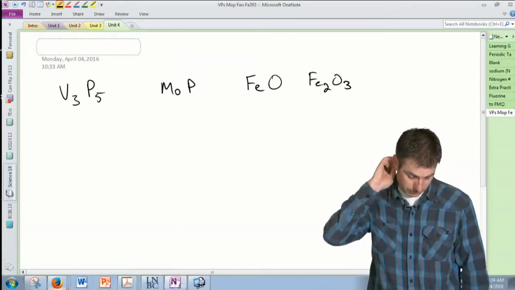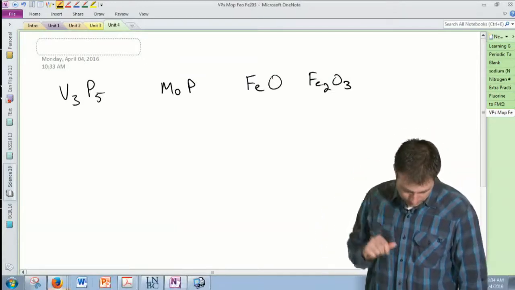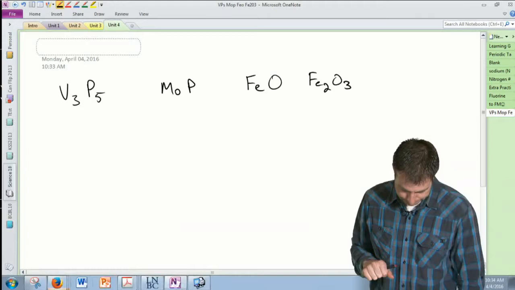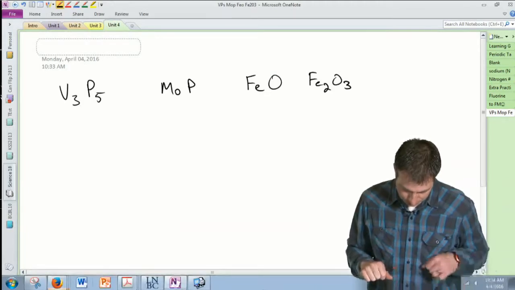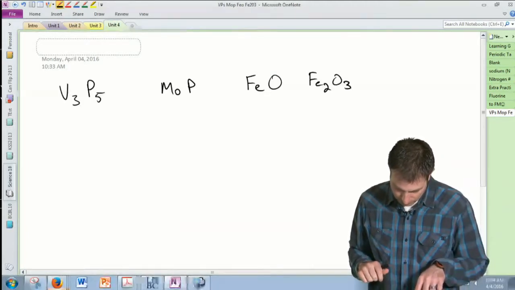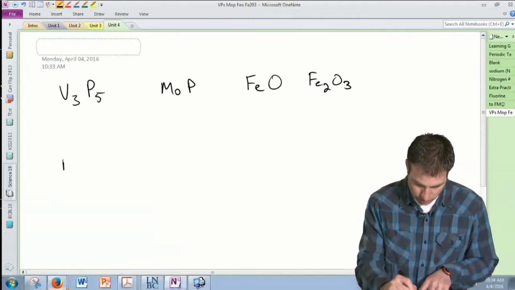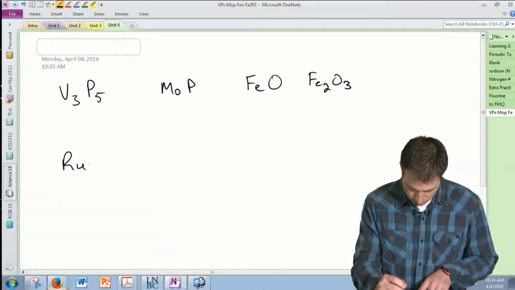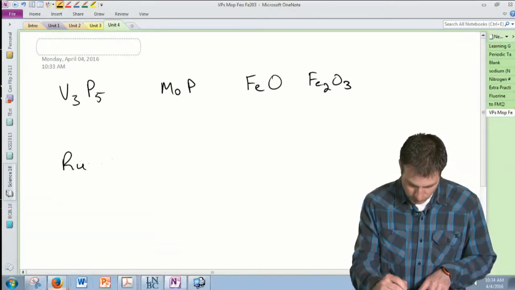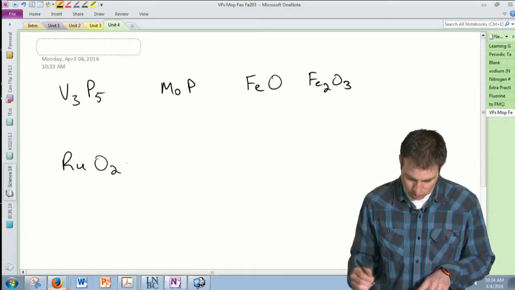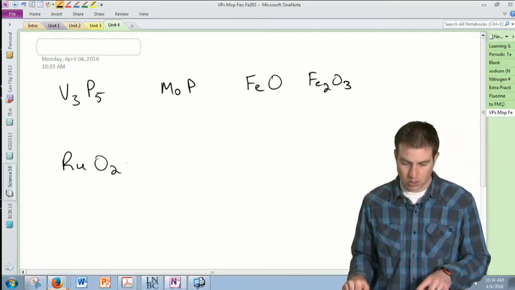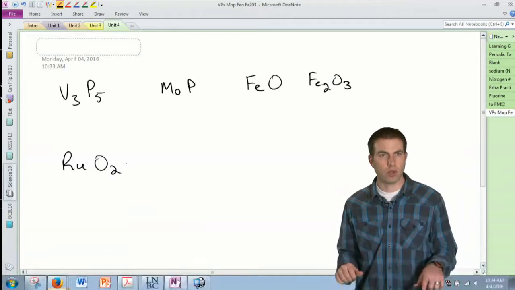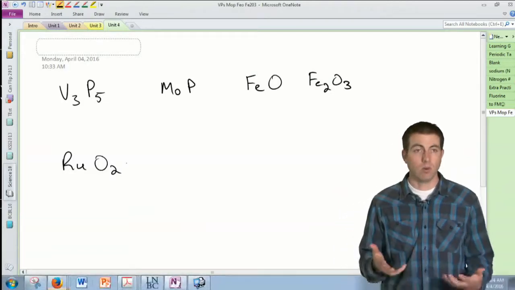Those are both different. Let's pick one more. Let's pick a tricky one. RuO2. All right, there we go. 5 examples. What are they called?